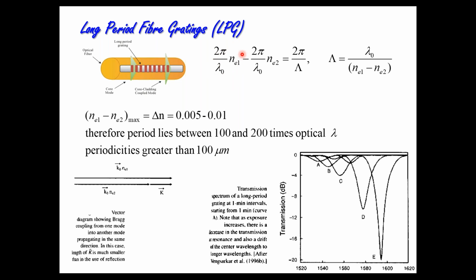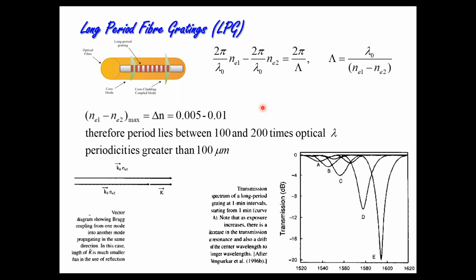So this is the beta value of the core mode, and the beta value of the cladding mode. The difference between them is to be equal to 2 pi by capital lambda. It's almost a similar equation compared to the fiber Bragg grating, but you have an additional negative sign there. Here beta 1 minus beta 2 is equal to capital K, but earlier it was beta 1 plus beta 2, because the beta 2 is actually propagating backwards in the case of a fiber Bragg grating.